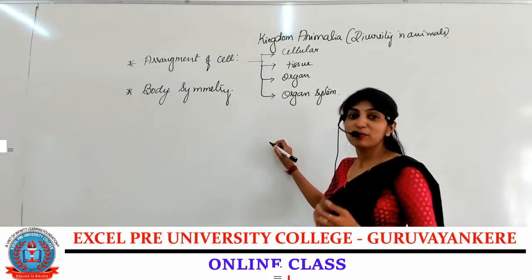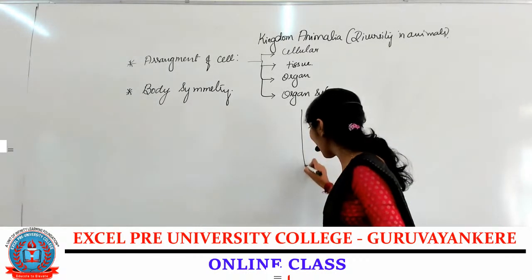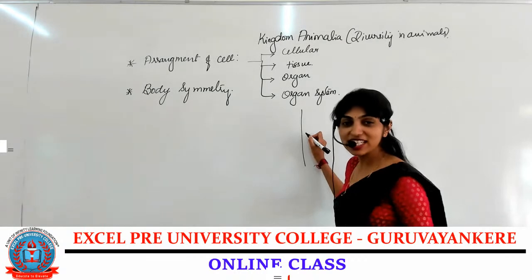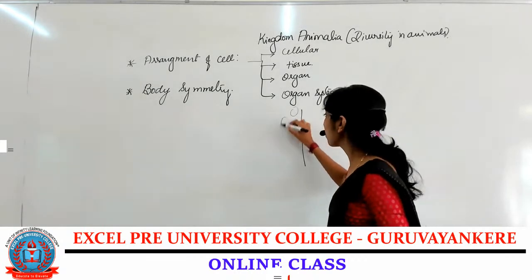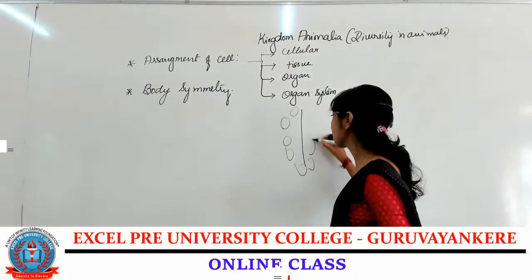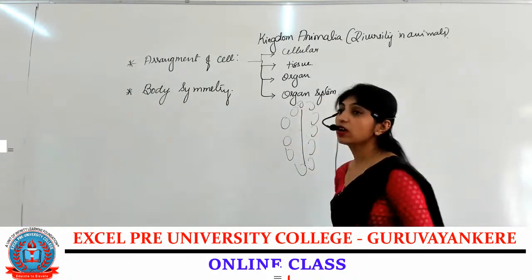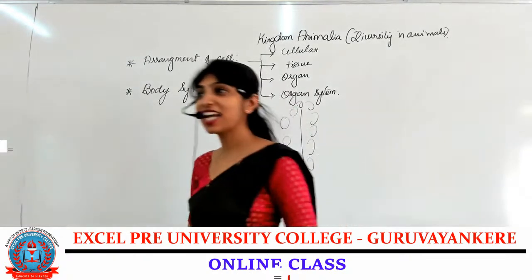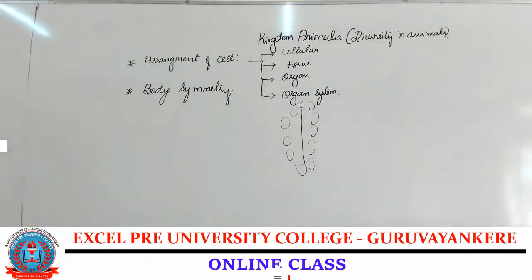When we take a central axis, we look at how the body of the animal is organized along it. Based on body symmetry, there are 3 types of classification.